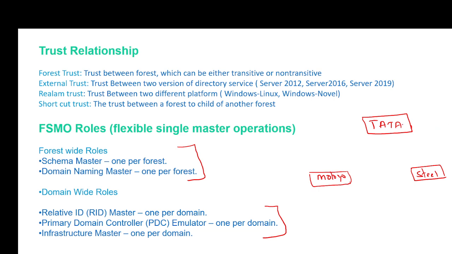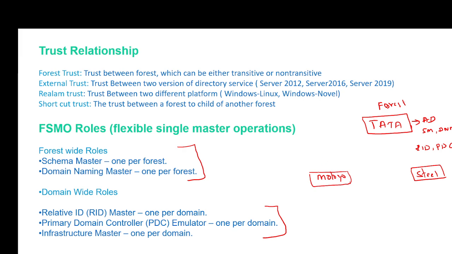When you install the Active Directory here for the first time, you see all the 5 roles. What is that? Schema master, domain naming master, relative identifier, PDC, and infrastructure master. All the 5 roles will be there in Tata, because that is your forest here. This is your forest.